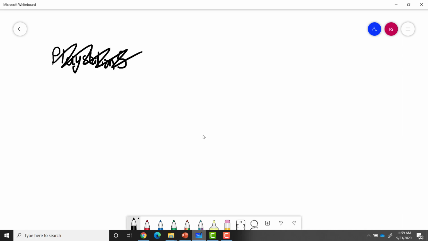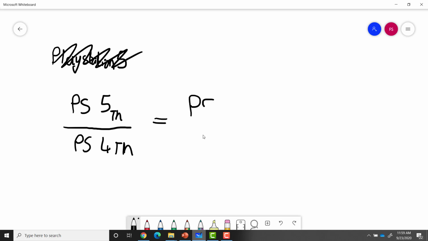Let's just call it the PS5. What we think is that the PS5 in Thailand divided by the PS4 in Thailand is going to be equal to the PS5 in Japan all over the PS4 in Japan.